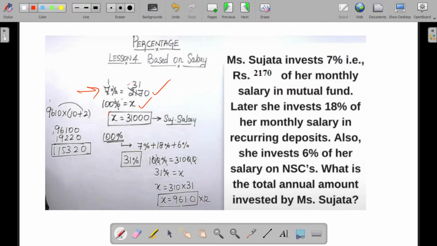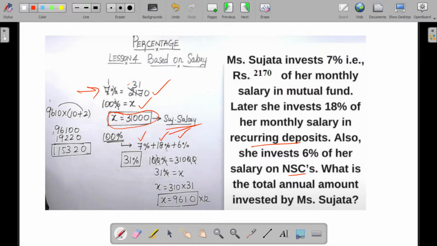Okay, 7% means 2170 they are given. So 100% means, here you will get x equal to 31,000. That is Sujata's salary. So out of this 100%, she is investing 7% for the mutual fund, 18% for RD, recurring deposit, and 6% in NSC, national savings certificate.